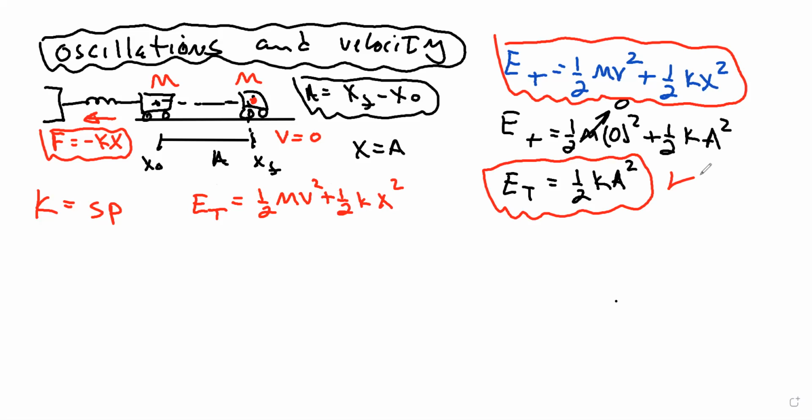The total energy is 1/2 of kA squared. So 1/2 of kA squared is going to be equal to 1/2 of the mass times velocity squared plus 1/2 of kx squared, where this x is the position at any point.